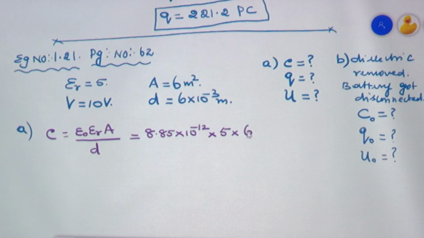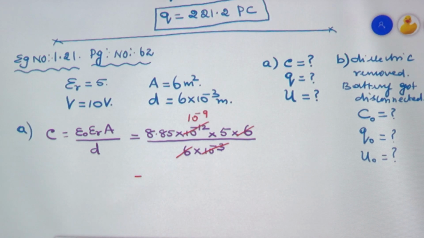What is the area? 6 meter square, whole divided by the distance, 6 into 10 to the power of minus 3. Now you can cancel this 6 and this 6. Then 10 power minus 12 divided by 10 power minus 3 gives 10 power minus 9.